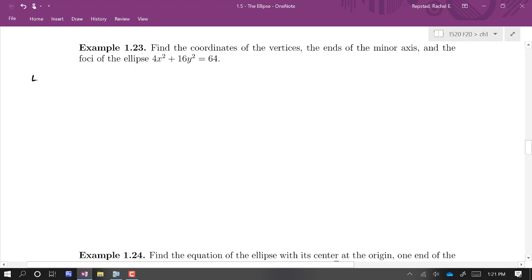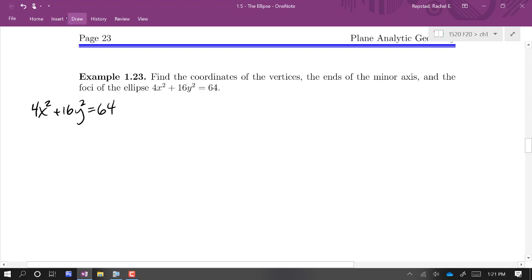So 4x squared plus 16y squared equals 64. It is not in standard form, and the way I can tell is that this is not equal to 1. So we need this to be equal to 1 to be in standard form.